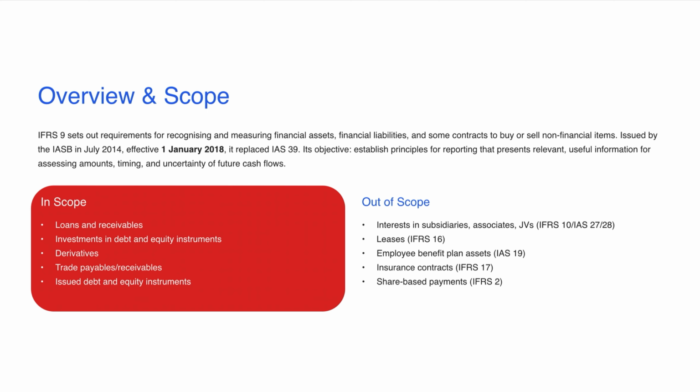The standard is ultimately trying to give users useful information about the amount, timing, and uncertainty of future cash flows. So throughout this chapter, remember one simple idea. First, understand the instrument. Then, determine the accounting.